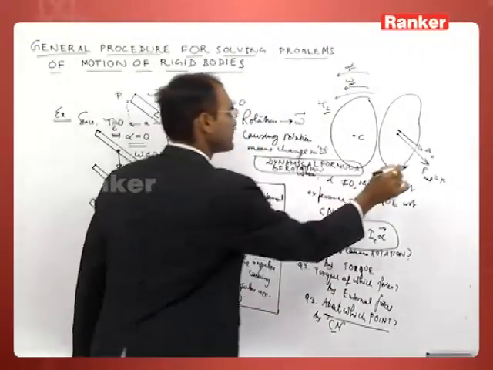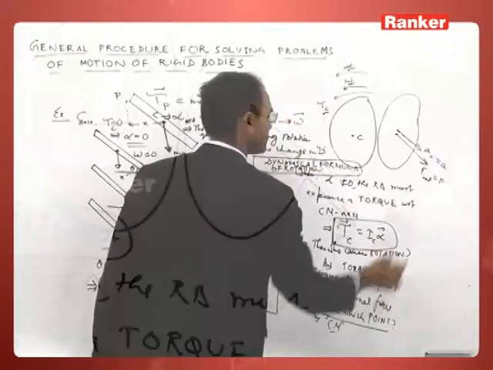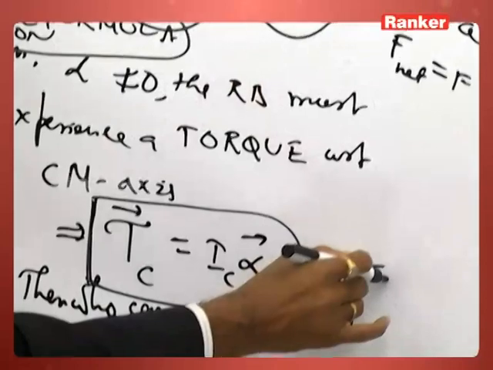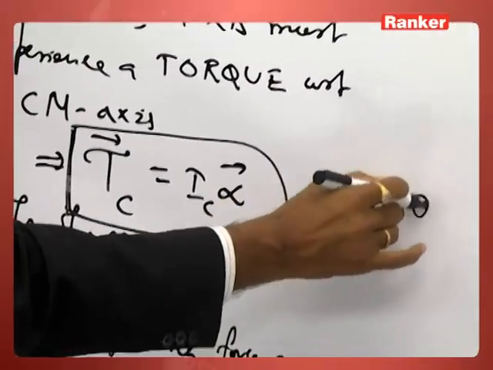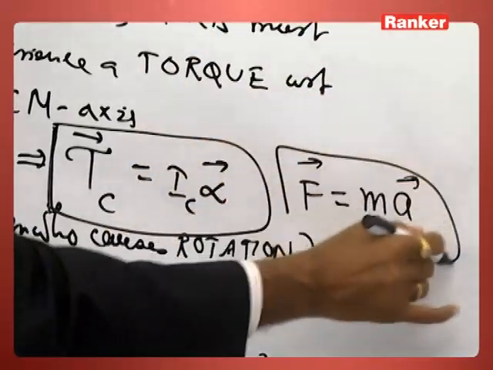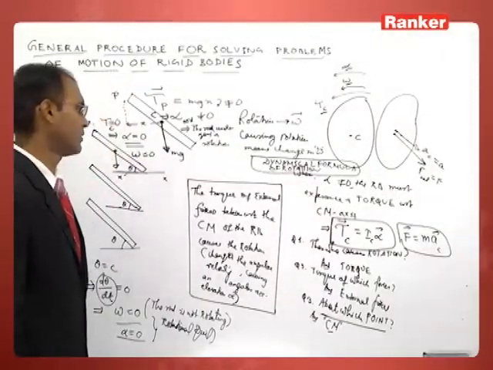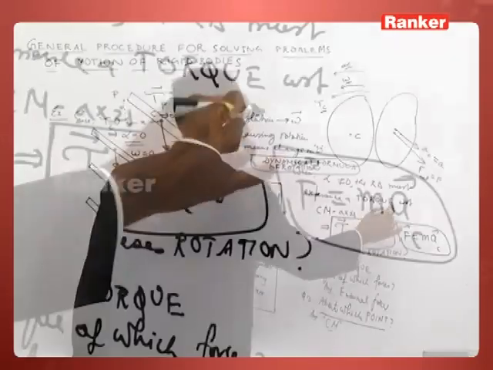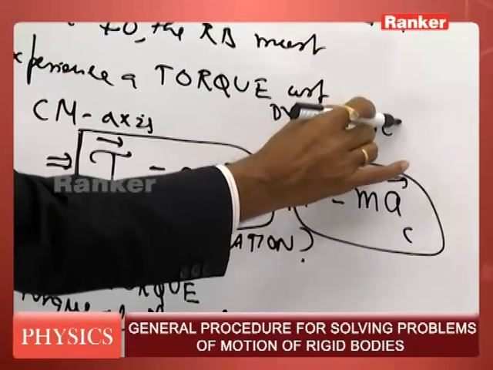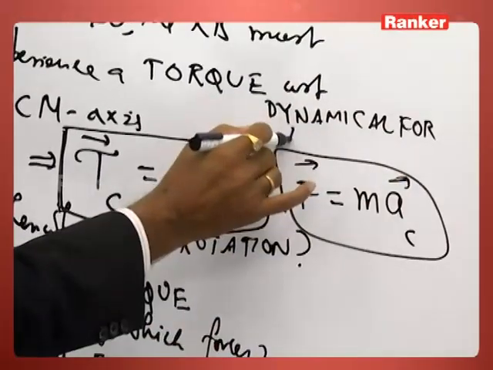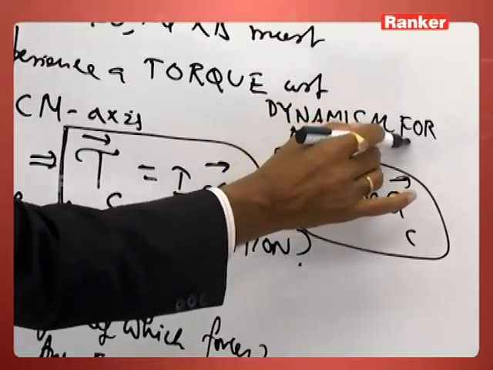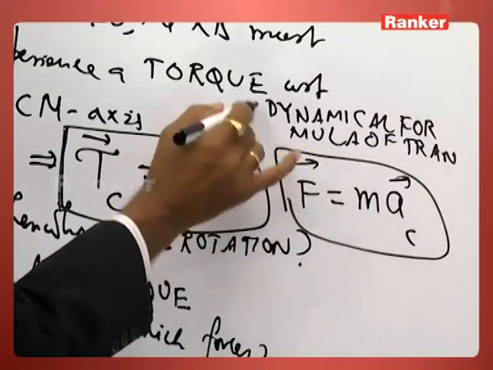Let the acceleration be A. Then you can write Newton's law of translation, F is equal to m into A, or A c. This is called the dynamical formula of translation.